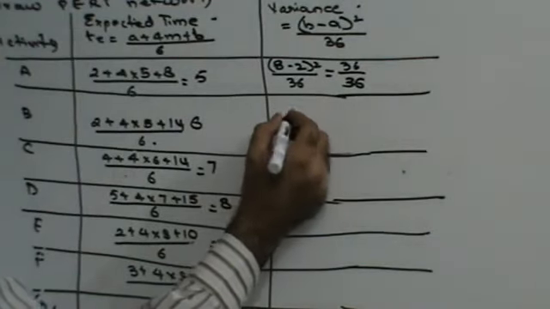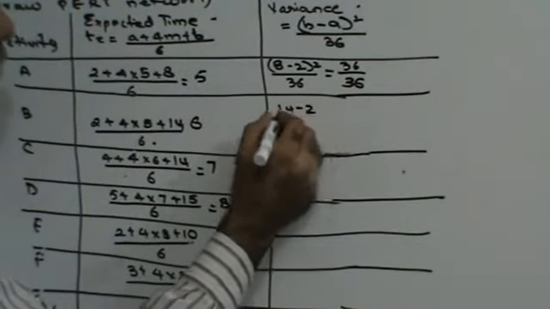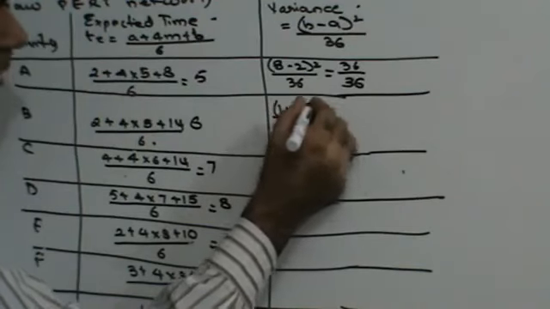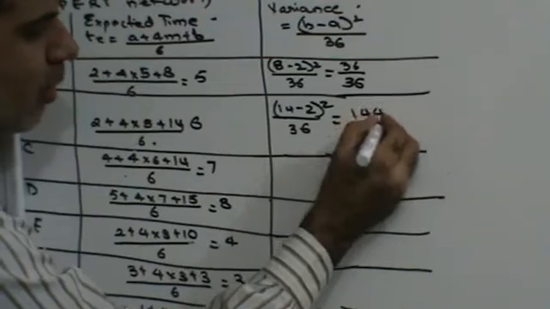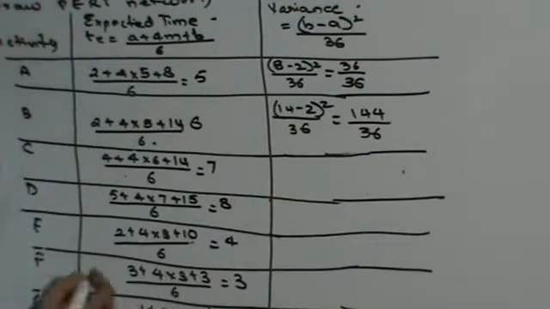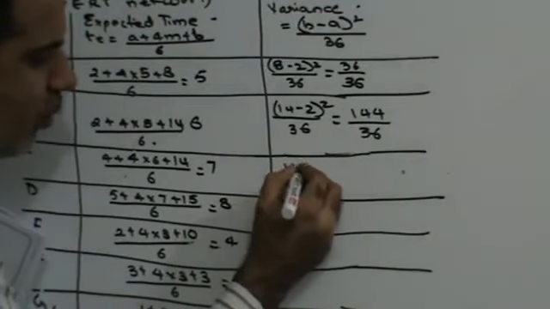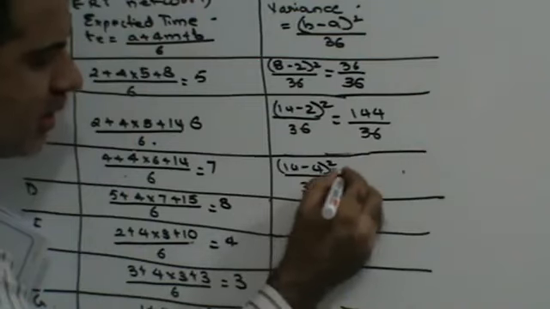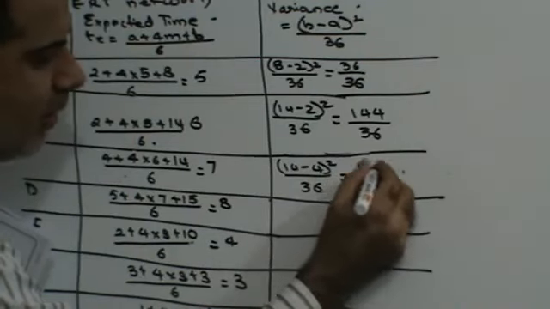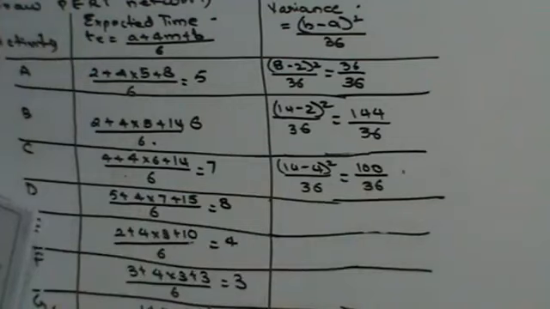For activity B, it is going to be 14 minus 2 the whole square upon 36. 12 square is 144 upon 36. Then for activity C, it is 14 minus 4 the whole square upon 36. 10 square, 100 upon 36, right?